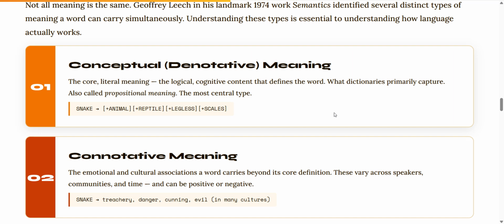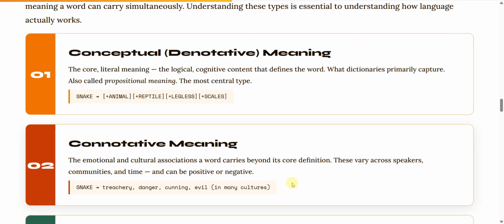Another example is apple. It is a fruit, red or green in color. These are the concepts associated with the word. So this shows conceptual, which is denotative meaning. Then the second one is connotative meaning: the emotional and cultural associations a word carries beyond its core definition. They vary across speakers, communities, and time, and can be positive or negative.